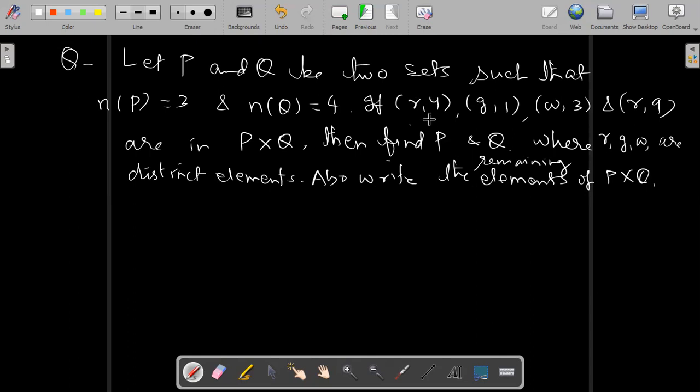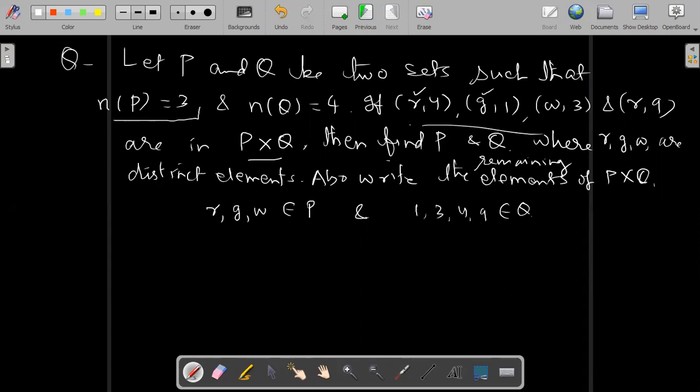As we have seen, R is there, G is there, W is there. These three elements are there only. So these three elements belong to P, because P cross Q is already given. And the second elements are 1, 3, 4, 9, so 1, 3, 4, 9 must belong to Q. How many elements are there in P? 3 elements, and Q has 4 elements.